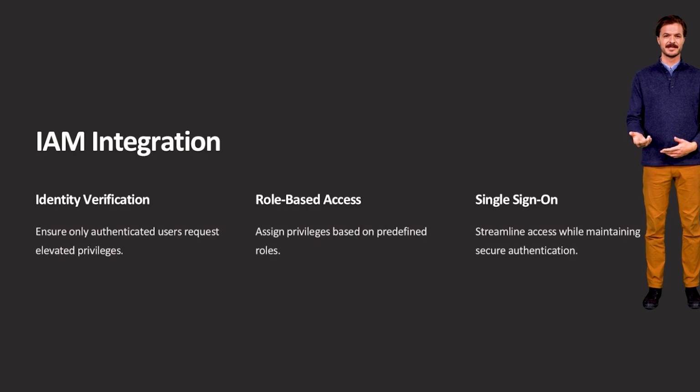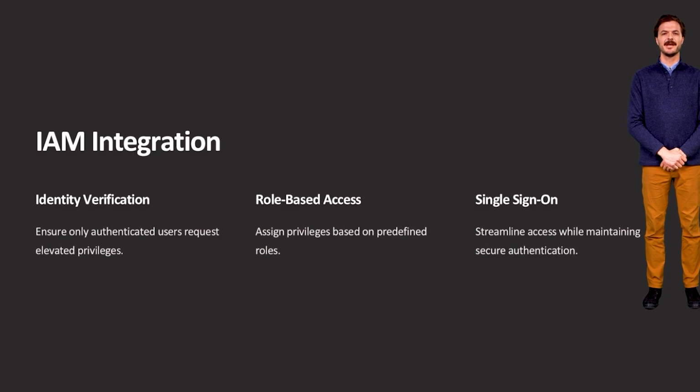IAM (identity and access management) integration with a PAM (privileged access management) solution enhances security by ensuring that only authorized users have access to sensitive systems and data. IAM systems manage user identities and their access rights across an organization, while PAM focuses on controlling and monitoring privileged accounts. By integrating IAM with PAM, organizations can enforce consistent access policies, streamline user provisioning, and automate the onboarding and reporting process.